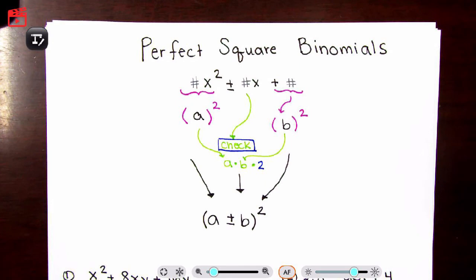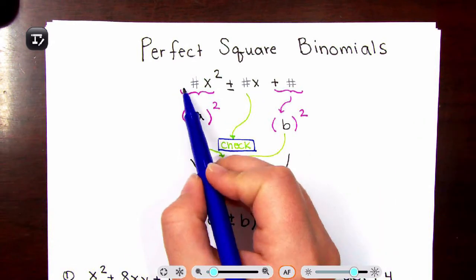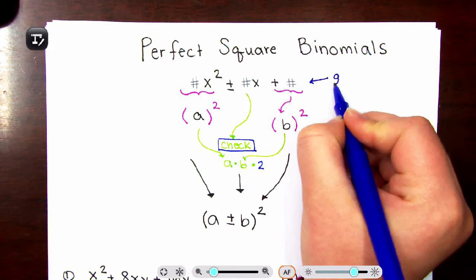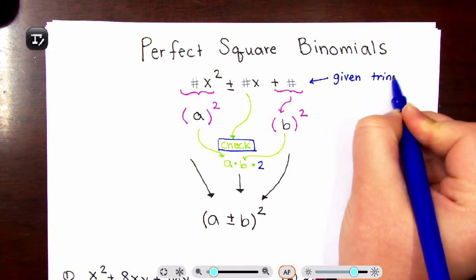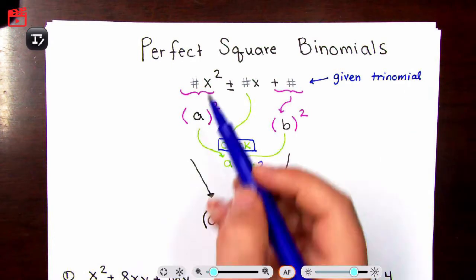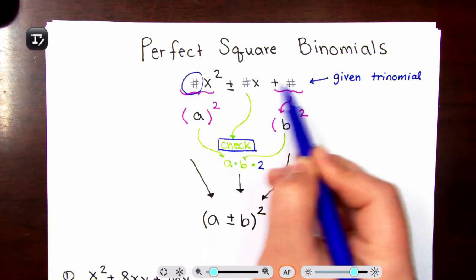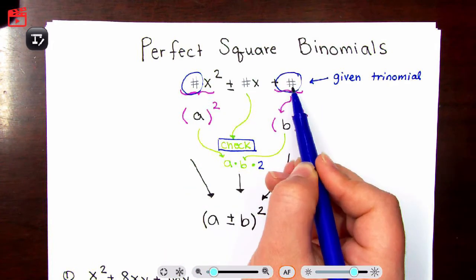In this video, we are discussing the perfect square binomials. So what that means is you're going to have a trinomial given to you. In that trinomial, you're going to have a leading coefficient, and you're going to have a number here.